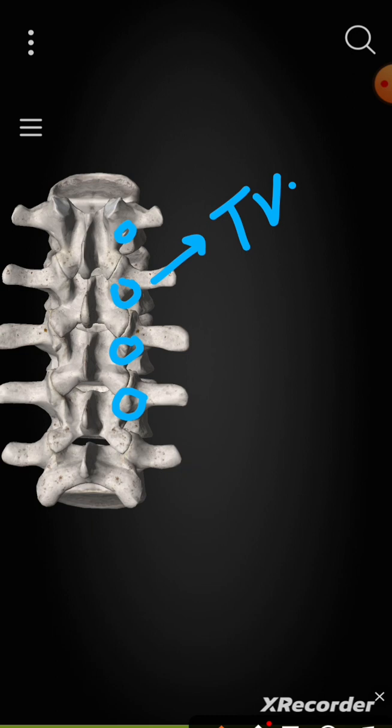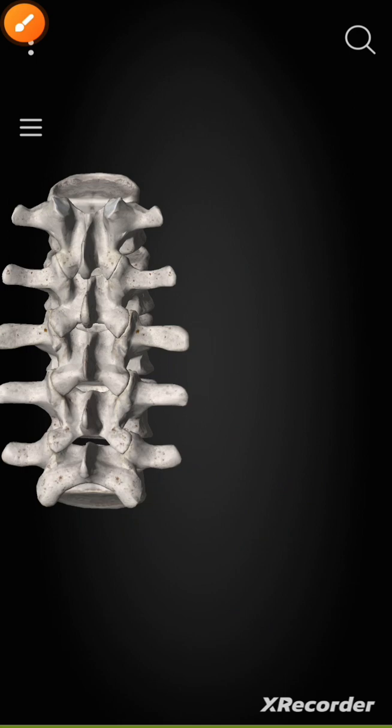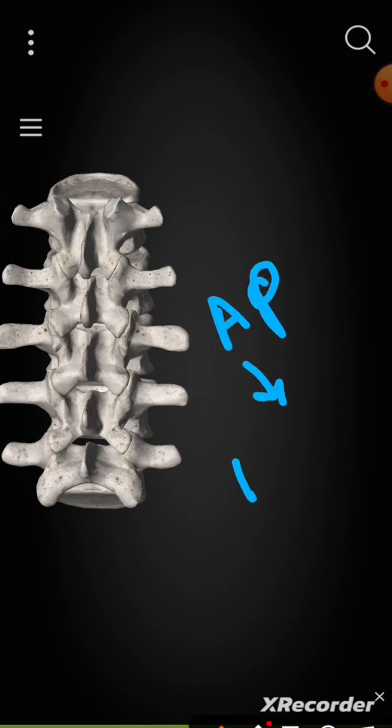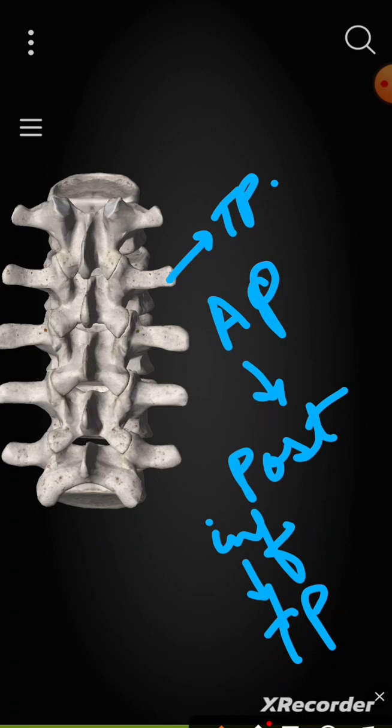It is a bony elevation found on the posterior inferior side of the transverse process. Where is the accessory process found? It is found on the posterior inferior side of the transverse process. Here I have shown this is a transverse process. On its posterior inferior side is an accessory process.